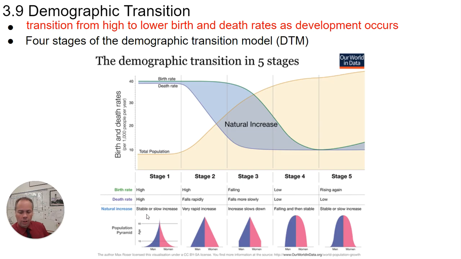A population pyramid fitting stage 1 would look something like this, relatively wide on the bottom, but scooping in in this concave manner, representing this high death rate.